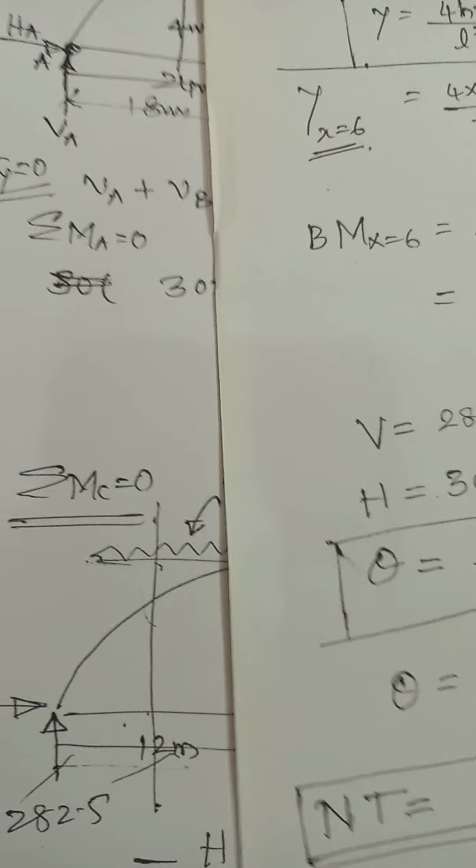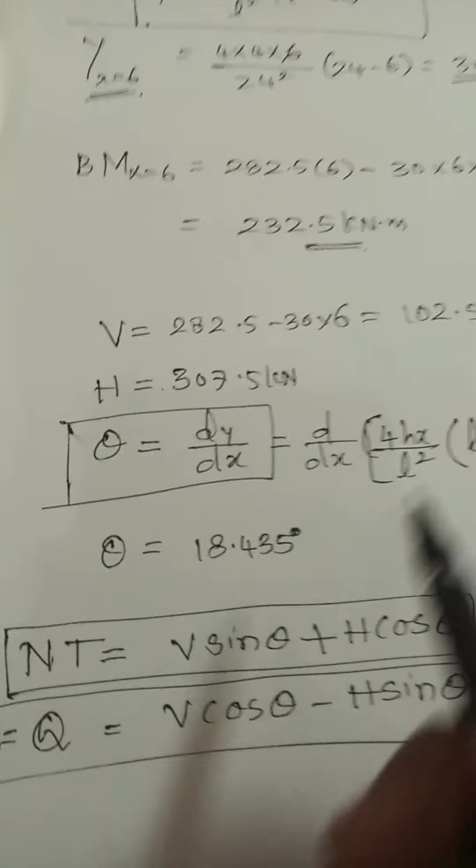Likewise we can calculate the normal thrust. For the normal thrust we have 2 points, one of which is the shear force.